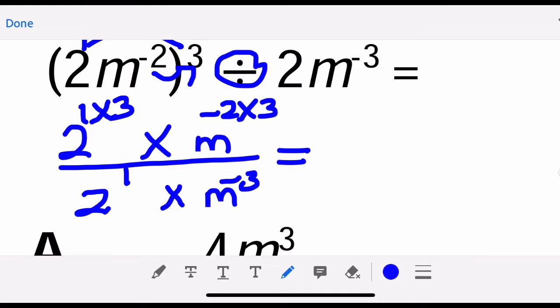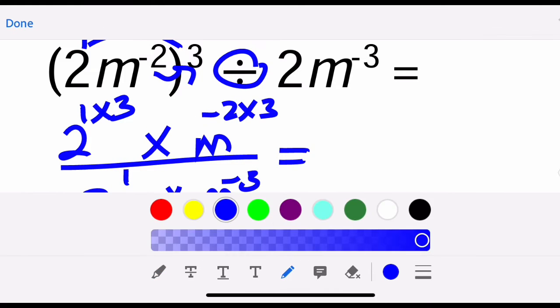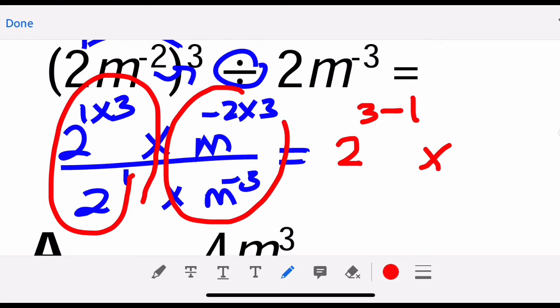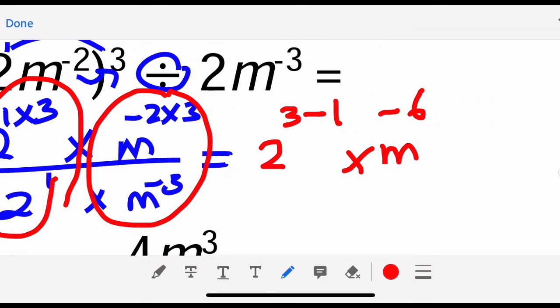So normally when you do indices, the number here has the same base, 2, power 3, divide means minus, right? And then times this one, m negative 6, right? Remember, you minus negative 3.